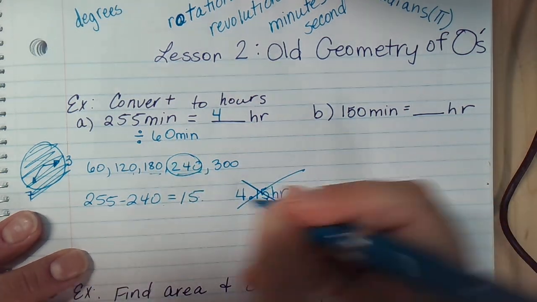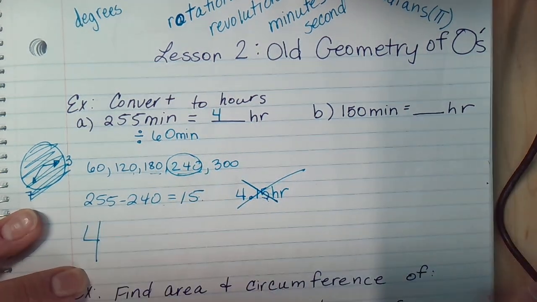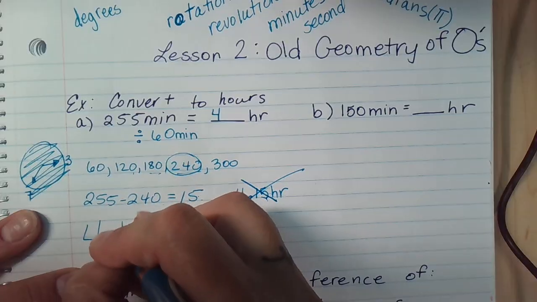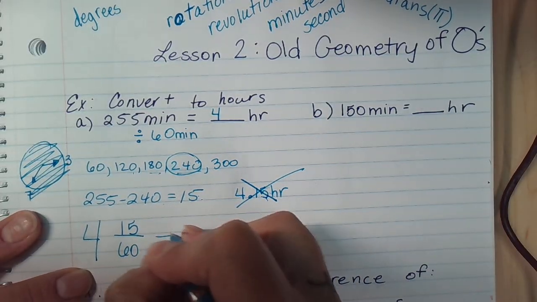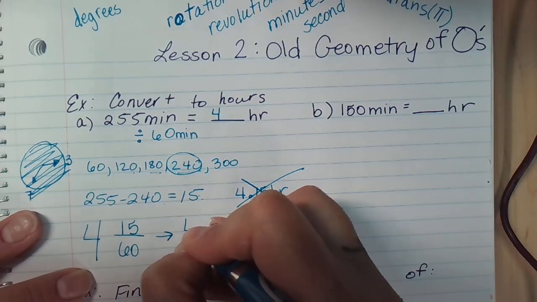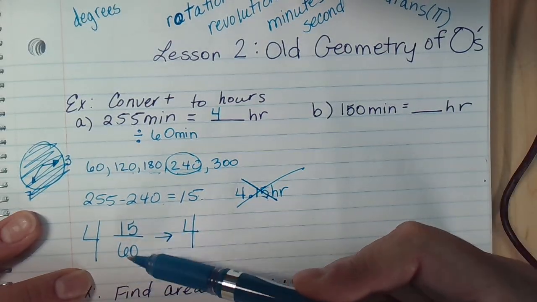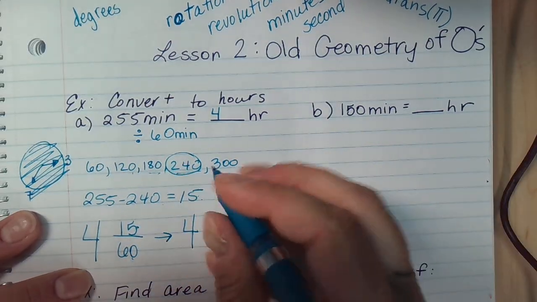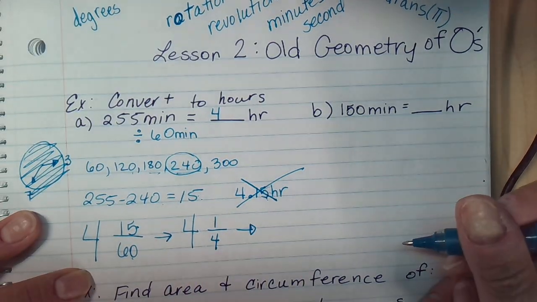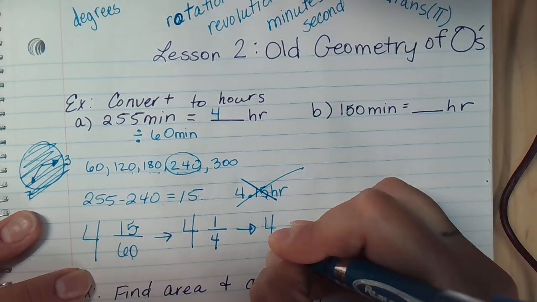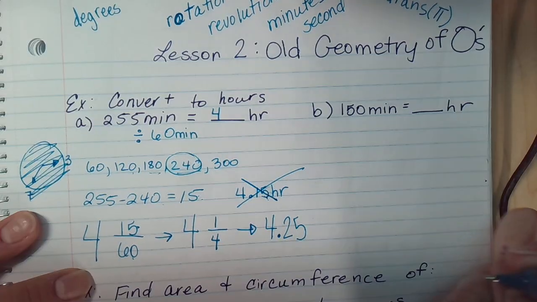So instead, I'm going to say 4 hours, and we have 15 minutes remaining out of 60. This is the same thing as 4 and 15 over 60, which simplifies to 1/4. Or if we want a decimal, that's 4.25.